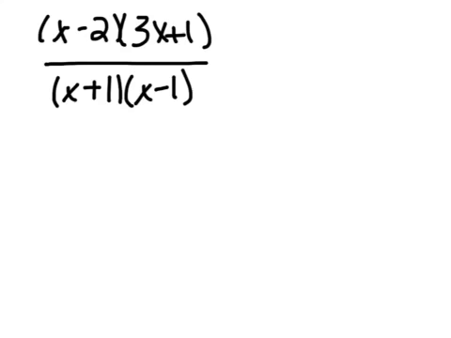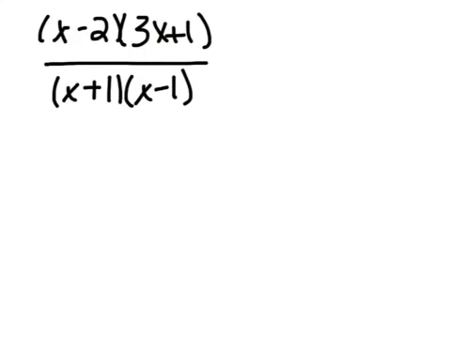Next, we need to find out if we have any holes, and the vertical and horizontal asymptotes. To find any holes, you look to see if any of the factors on top equal any of the factors on the bottom. They're all different factors, so you have no holes. Next we find the vertical asymptotes.